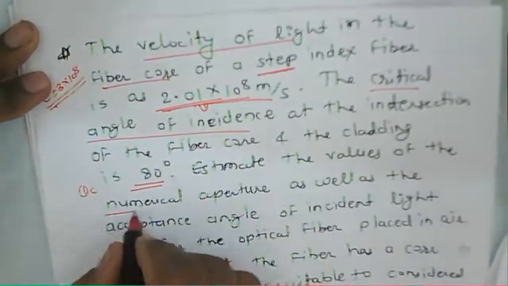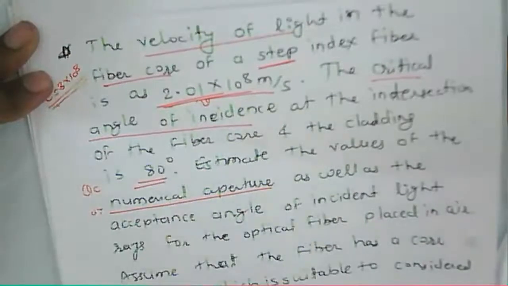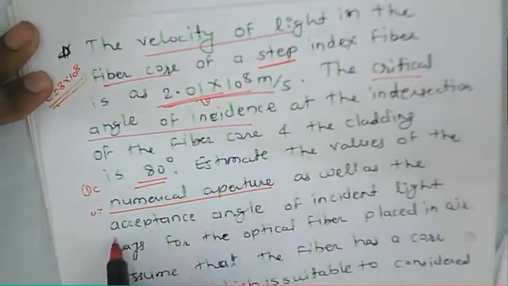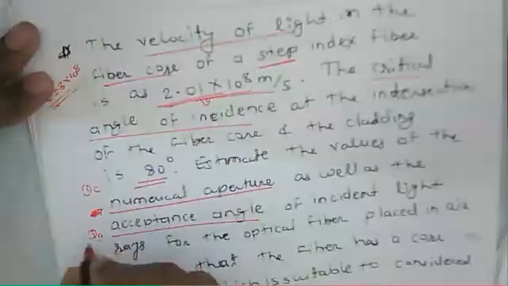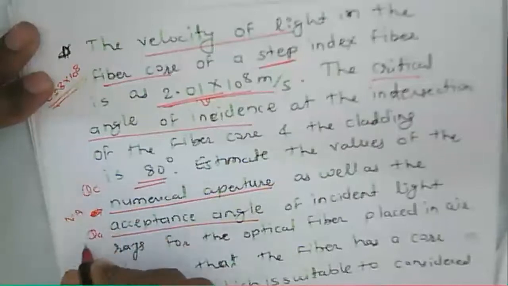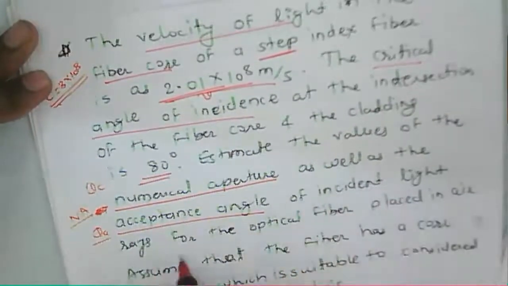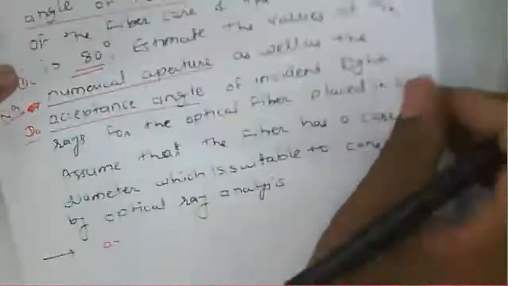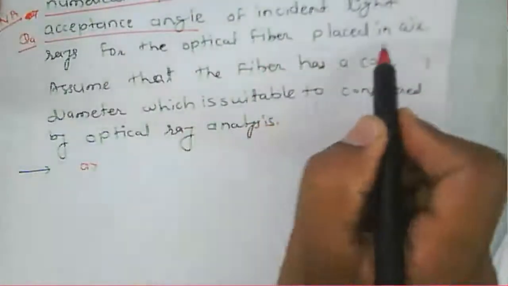Then our aim is to obtain the numerical aperture, and the acceptance angle of the cone, that is theta a. Here we need to find the numerical aperture. Second, the acceptance angle of the incident light rays for the optical fiber placed in air.